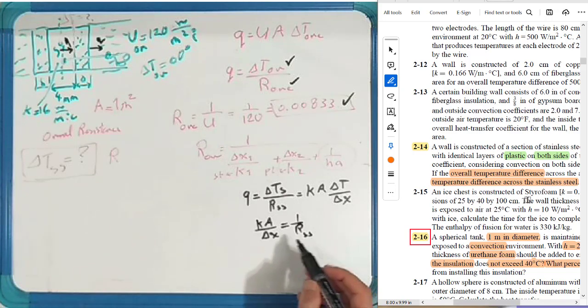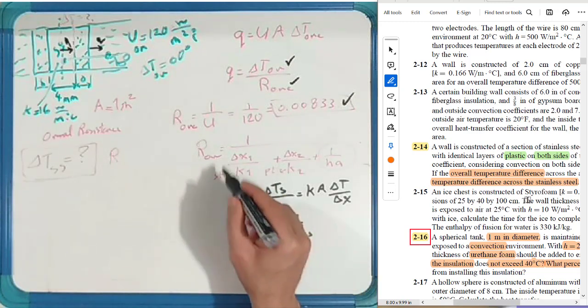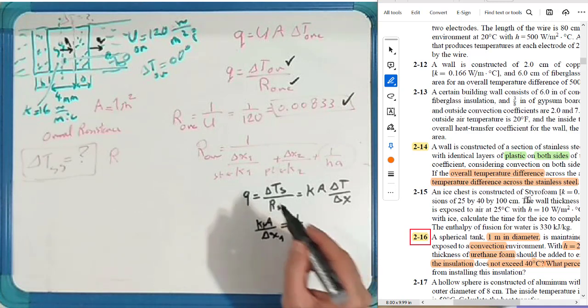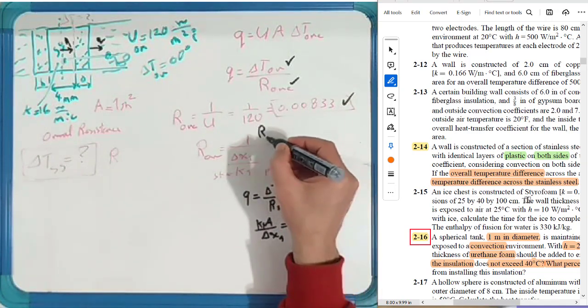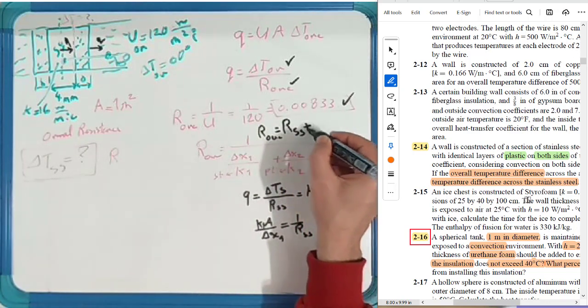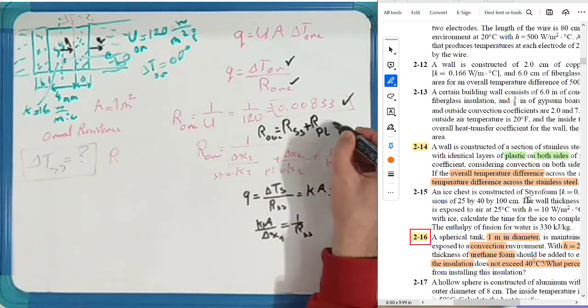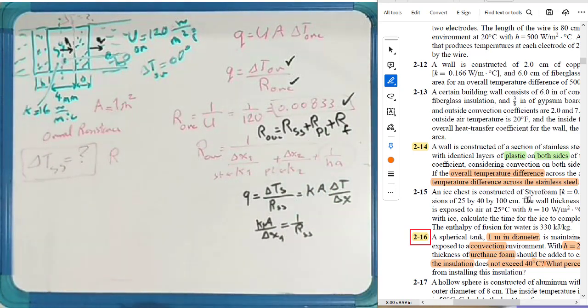I can say R overall is R for steel plus R for plastic plus R for fluid.